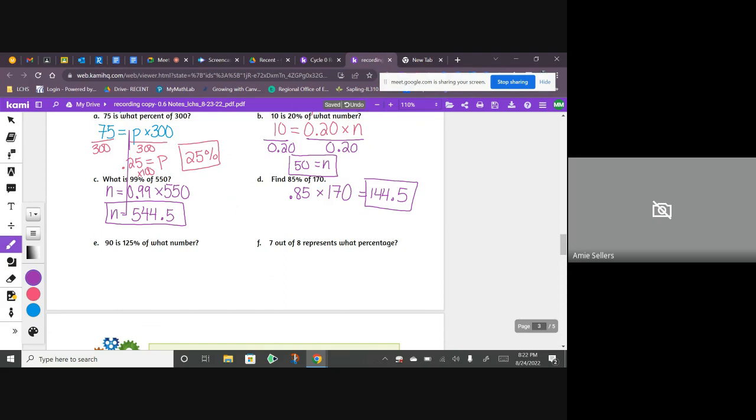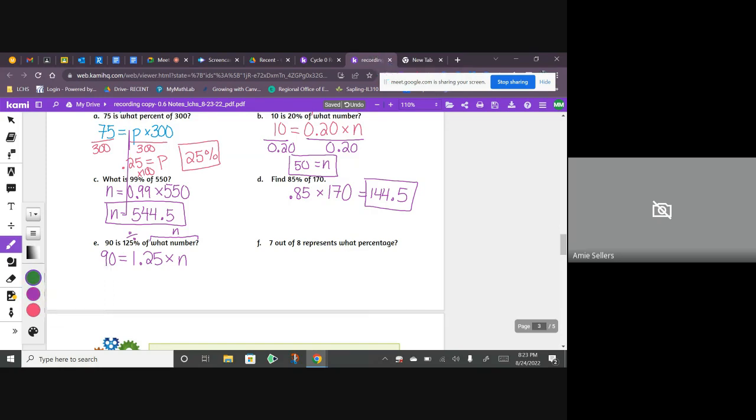For letter E, 90 is, we're going to write an equal sign. 125% will be written as 1.25. Remember, you can just divide by 100 to change it to a decimal. Of, we're going to multiply. And what number? We can just put the variable n. So I want to solve for n.